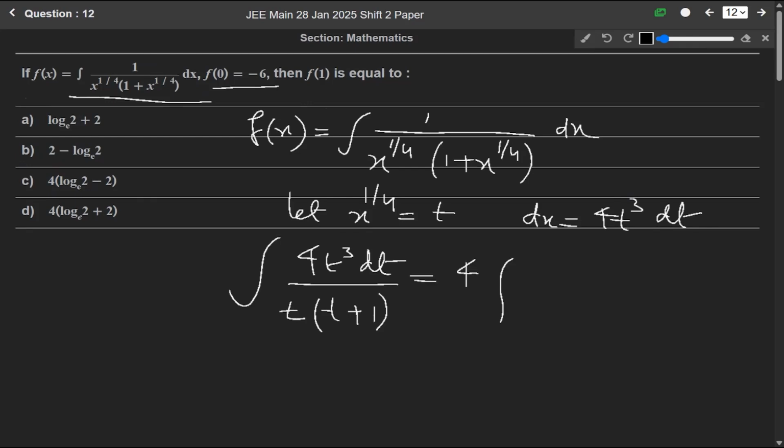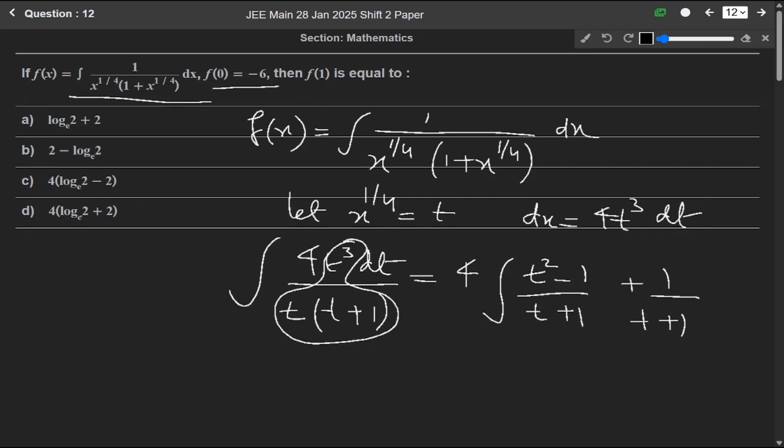taking 4 constant out, integration of t³ over (t + 1). Okay. So it will be (t² − 1) over (t + 1) plus 1 over (t + 1). This term can be written as (t² − 1) over (t + 1) plus 1 over (t + 1), and then dt. Okay.